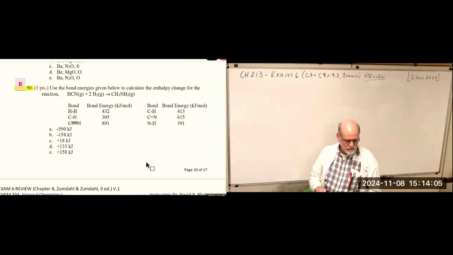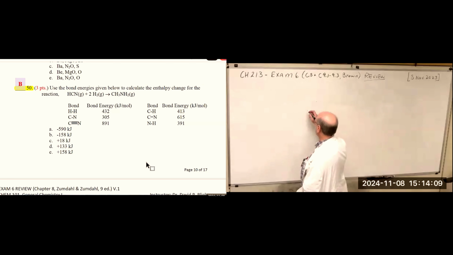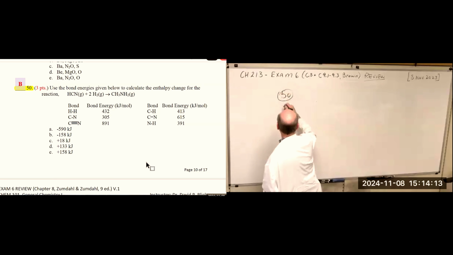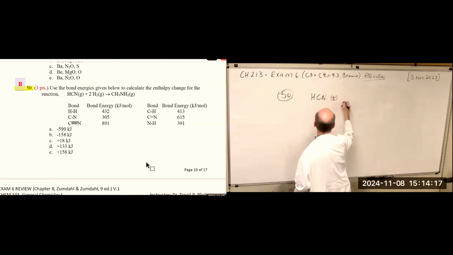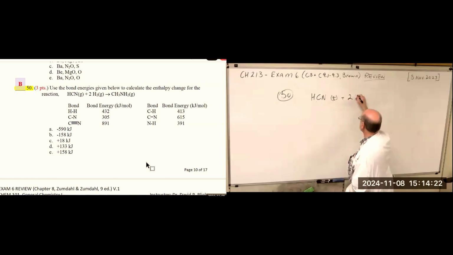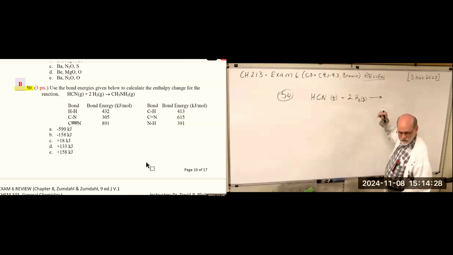Use the bond energies given below to calculate the enthalpy change for the reaction. HCN, oh, let's see, 50. So we got HCN, gas, plus 2 hydrogens yields CH3 and H2.